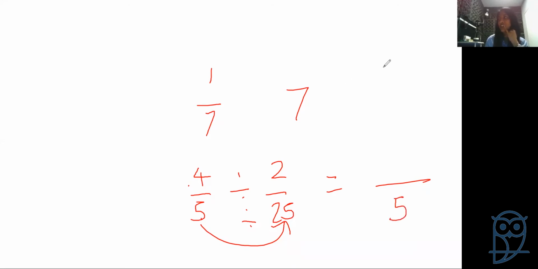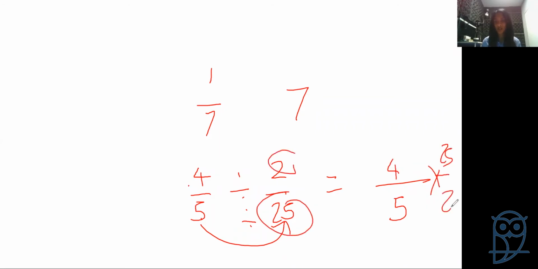Okay, then it is 5 and I put 4 over 5, and then I swap it around and I put the 25 on the top and I put the 2 in the bottom. Agreed. So then I divide by 2 and I divide by 5, therefore giving me my answer of 10.